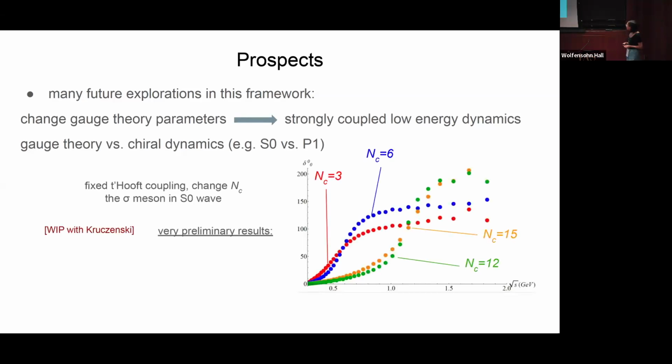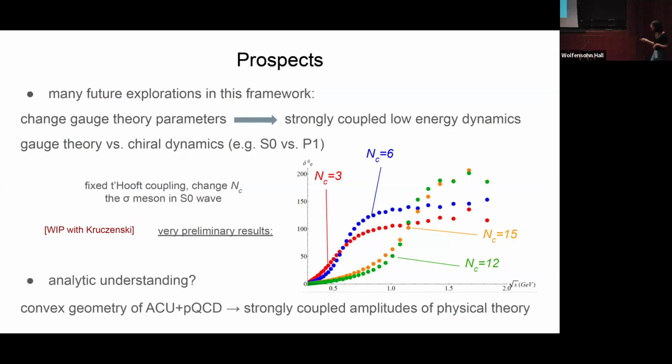And we have already started doing some of this exploration, for example, changing the NC with a fixed pion coupling and examining, for example, in the S0 wave, what happens to the sigma meson. Here is some really preliminary result, but we start to see that as we increase NC, the sigma meson becomes sharper and sharper, as one expects for a typical q q-bar state.